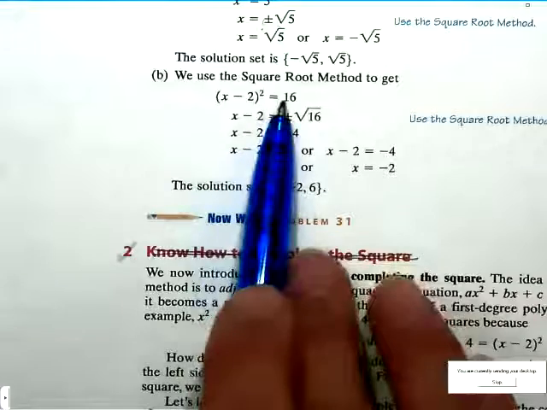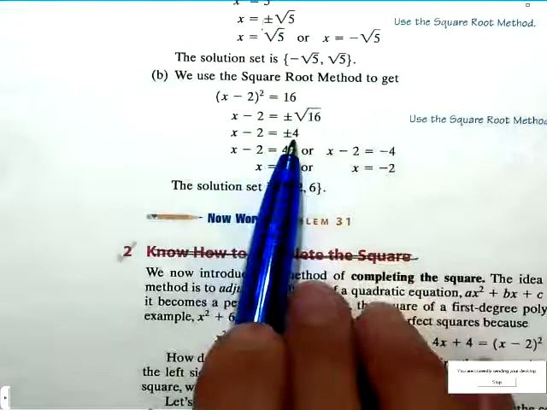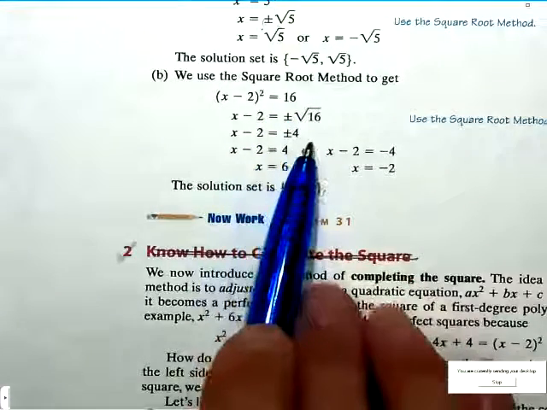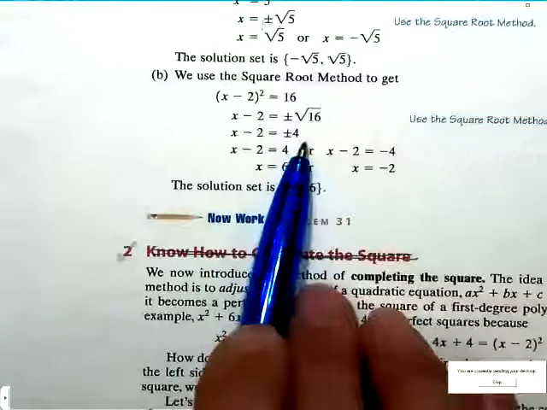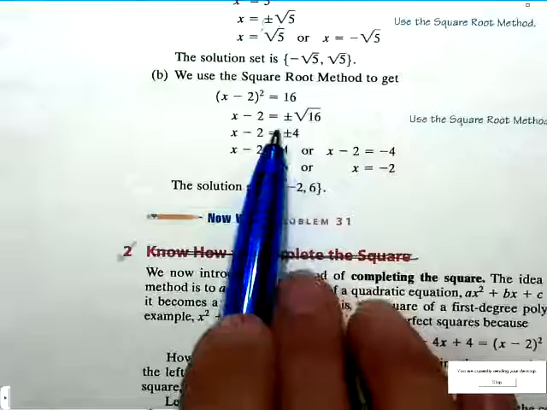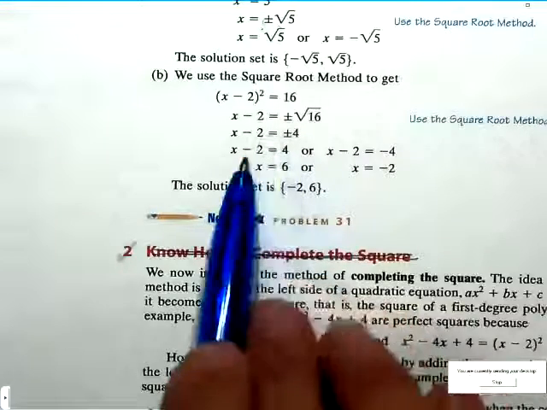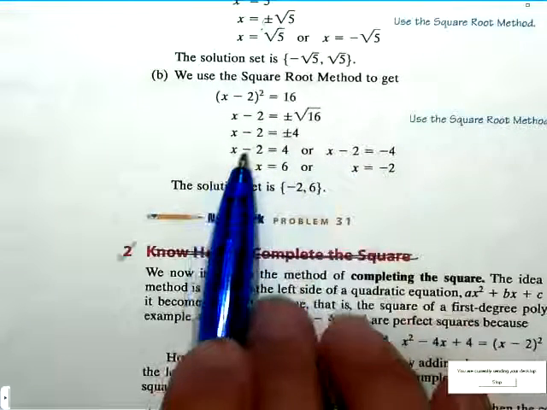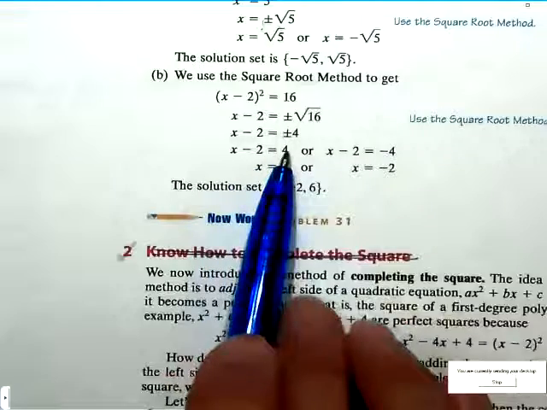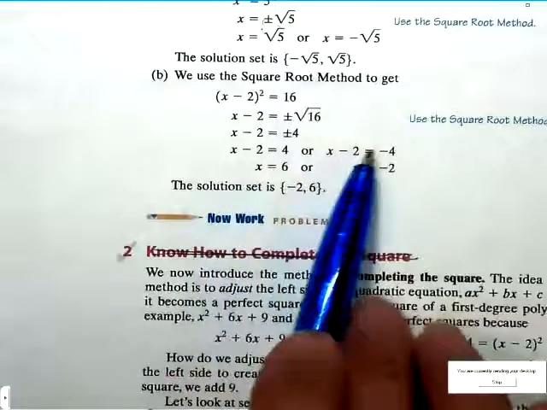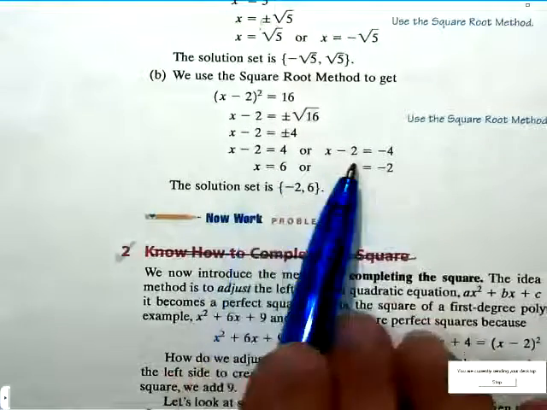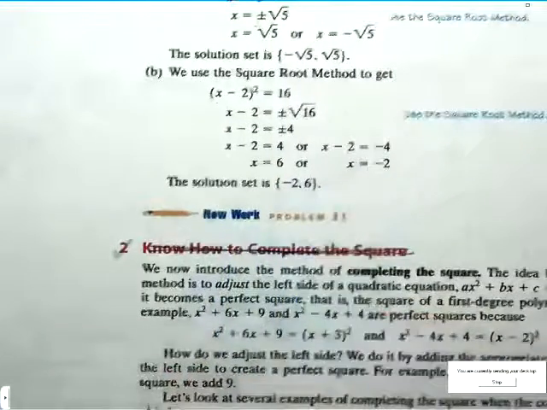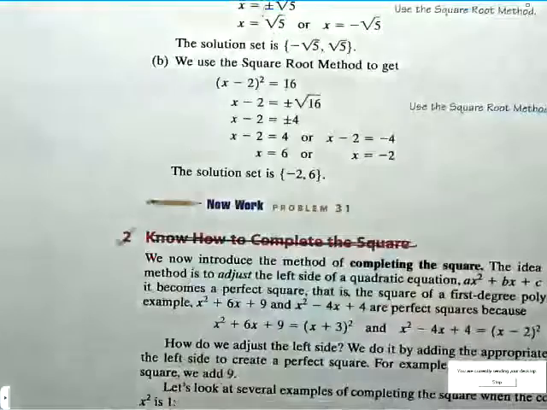Square root of 16 is 4, but don't forget the plus or minus. Now, the easiest way to finish that is just to separate that plus or minus and solve these 2 equations. Either x minus 2 equals +4 or x minus 2 equals negative 4, that gives you the two solutions, positive 6 and negative 2. And it doesn't matter in what order you write them.